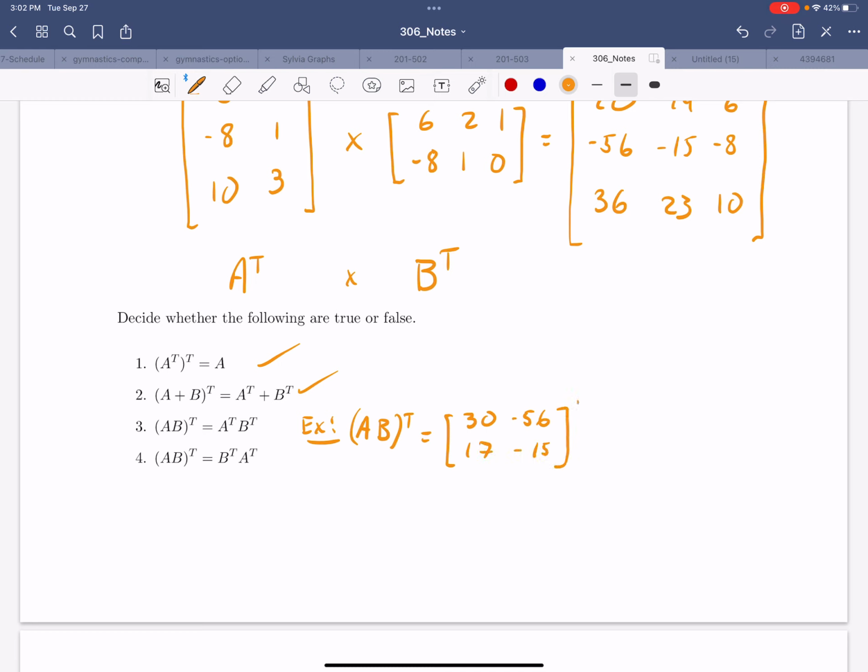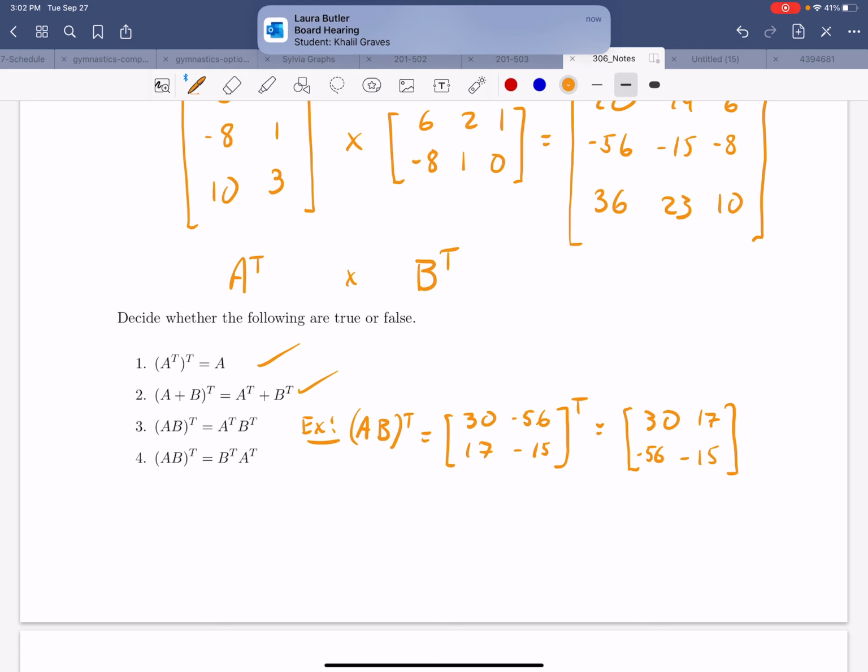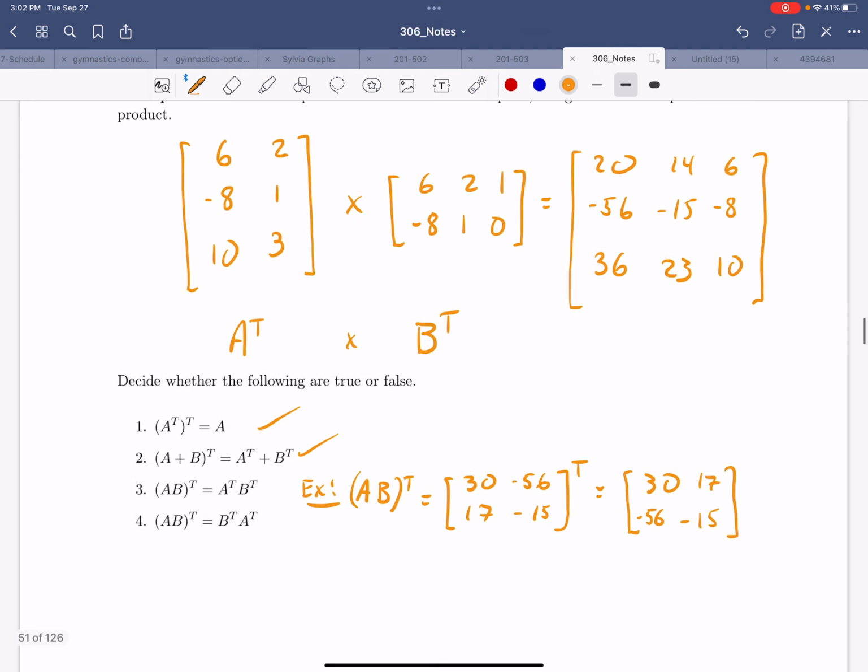It equals the transpose of this matrix, which is, so note that the diagonals always stay the same in the transpose of a matrix, but everything else flip-flops. That is not the same as this matrix. These 2 things are clearly not the same.